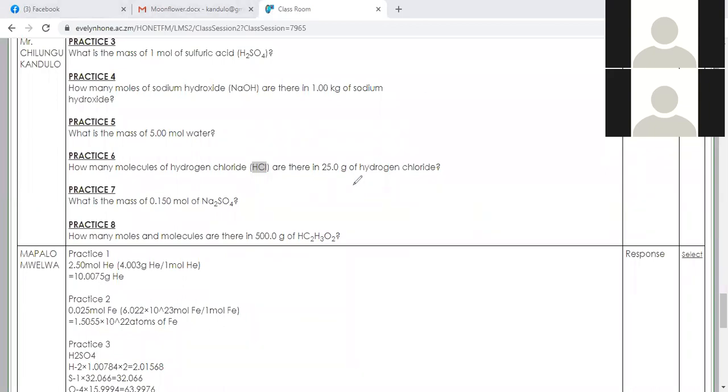So you say 25 grams times open brackets, 36.5 grams, and then Avogadro's number, which is 6.022 times 10 power 23.